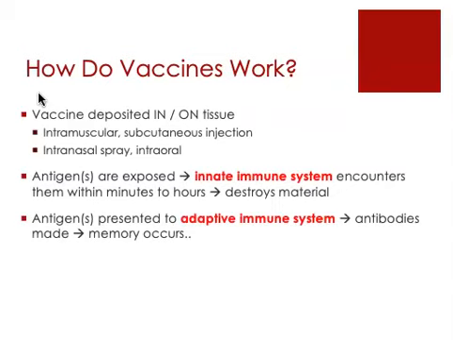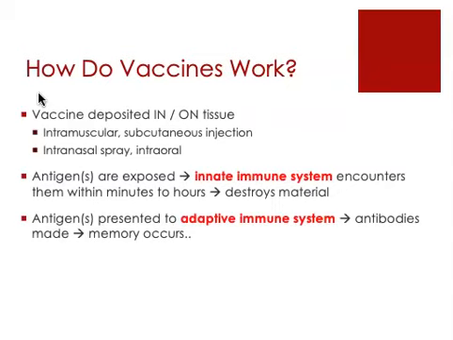Those antigens are first going to trigger an innate immune response, the first line of our immune system. The innate immune response is going to be triggered by the vaccine antigen within minutes of exposure, minutes to hours across all vaccines.